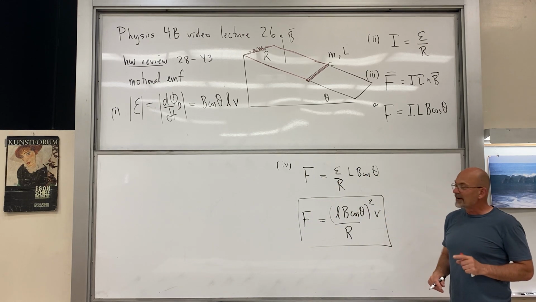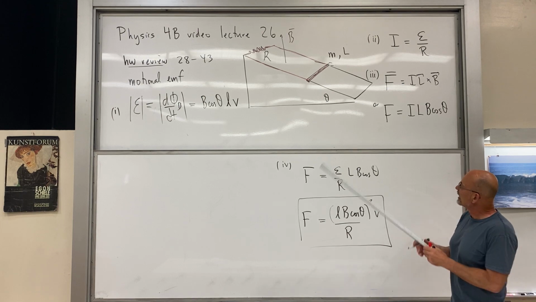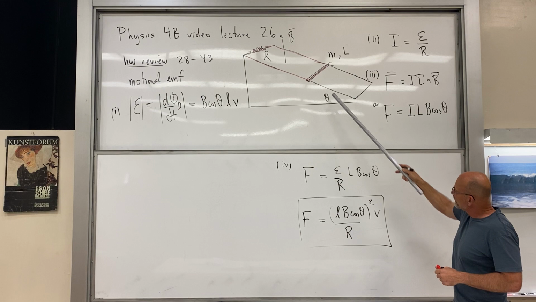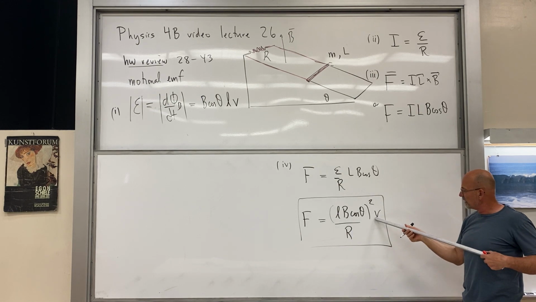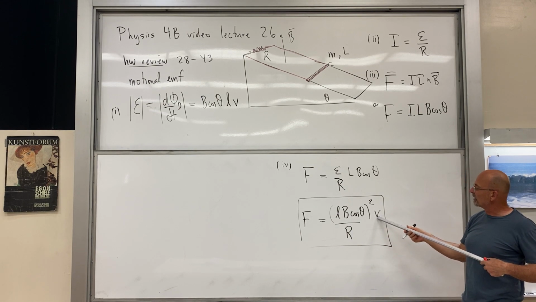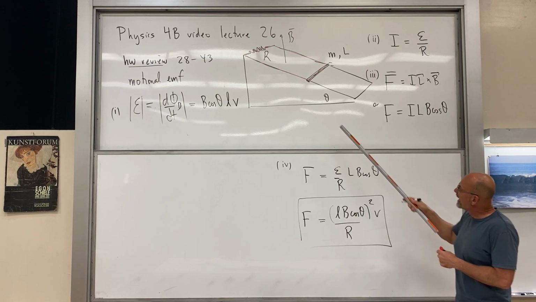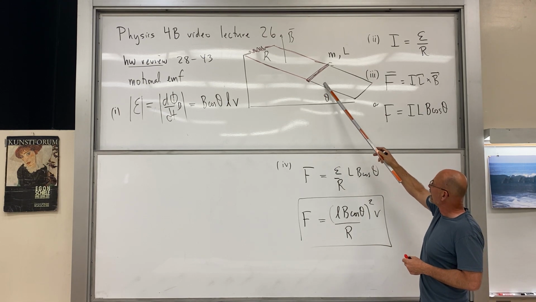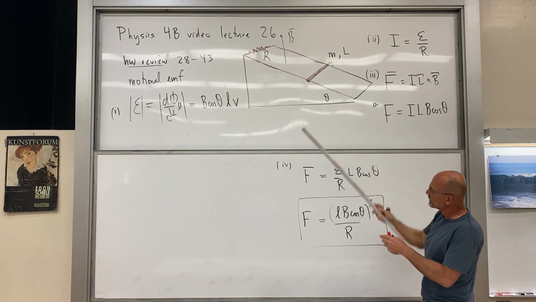Now there's a question about the terminal speed, and that's interesting because as this thing picks up speed, the force becomes ever greater with the speed. So the force increases, and it's going to have to balance out the gravitational force, which is going to have a component that's parallel to the slope.